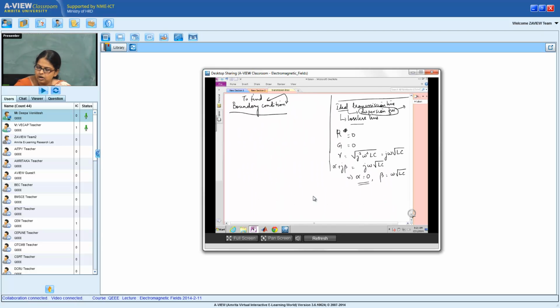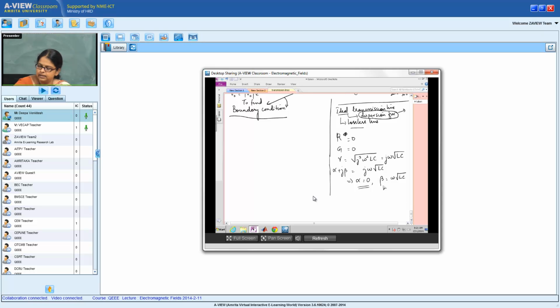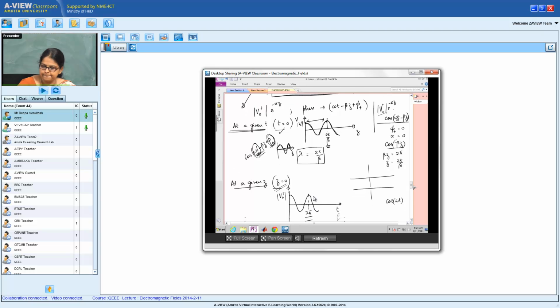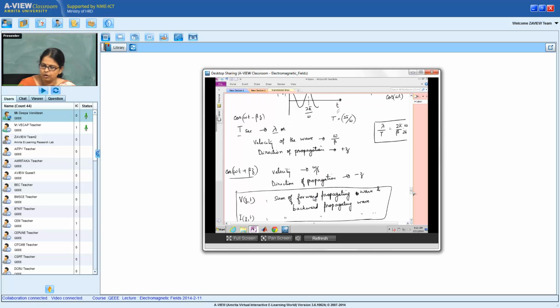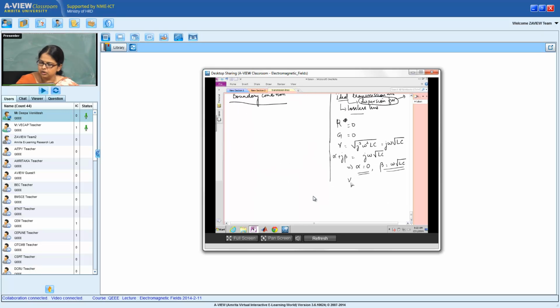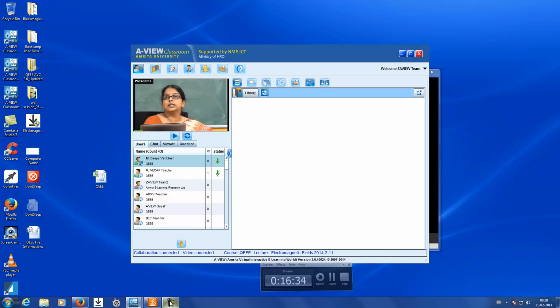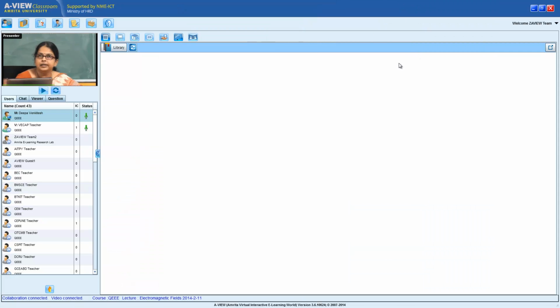So, if I consider a lossless line, I know my alpha is 0 and beta is omega root LC. This would also mean that the velocity with which the wave is propagating, which yesterday we said is omega by beta, is Vp, which is 1 over root LC, a constant. It is not depending on the frequency.